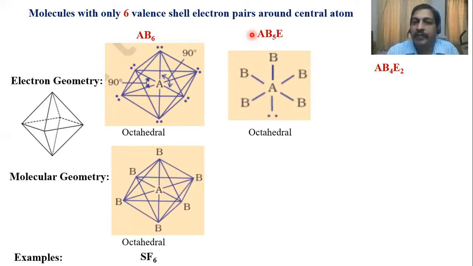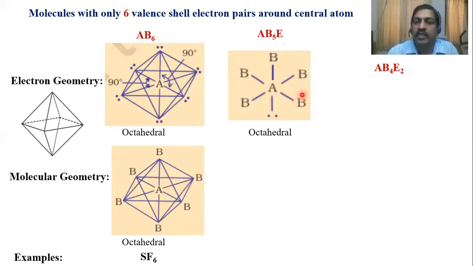Okay. Now in AB5E type molecule, there is one lone electron pair and there are 5 bond electron pairs. So one corner of the octahedron is occupied by lone electron pair and the remaining positions are occupied by the bond electron pairs. Okay, so this is the electron geometry for AB5E type of molecule.